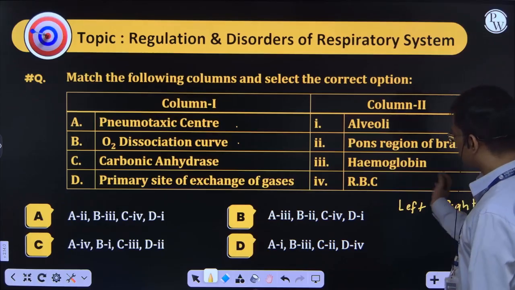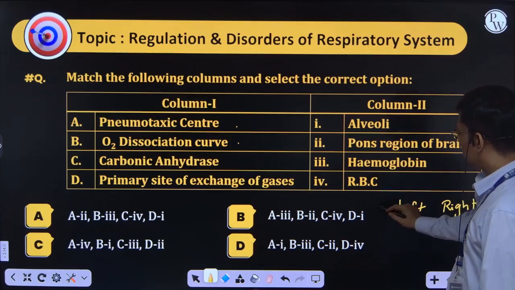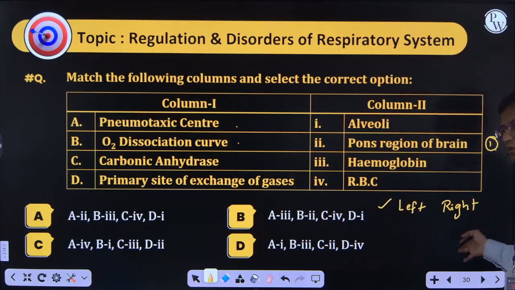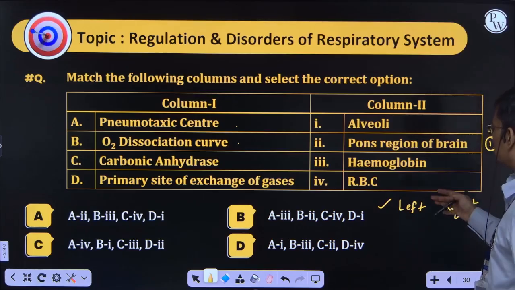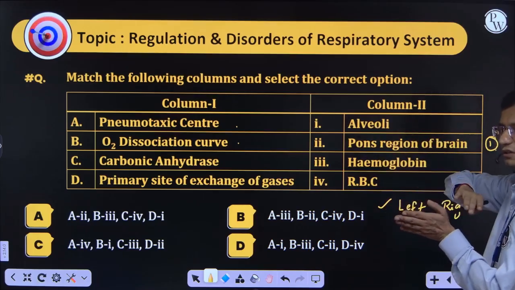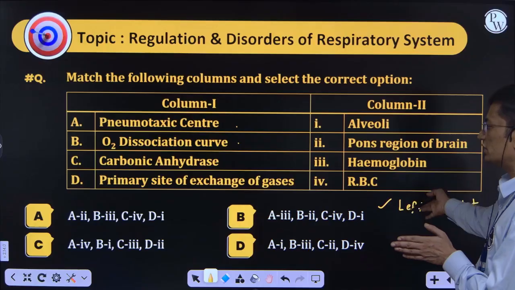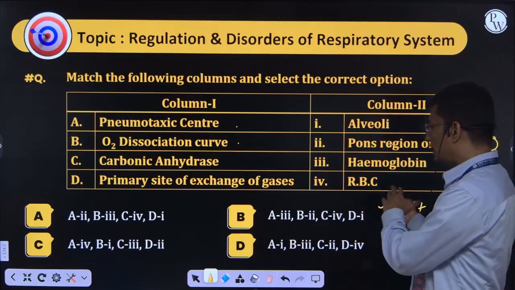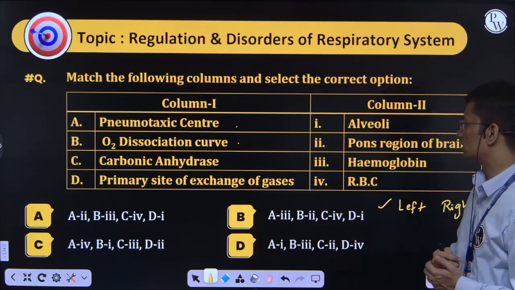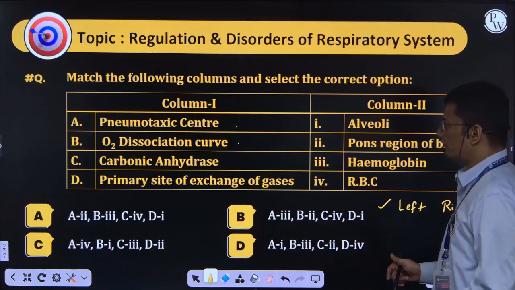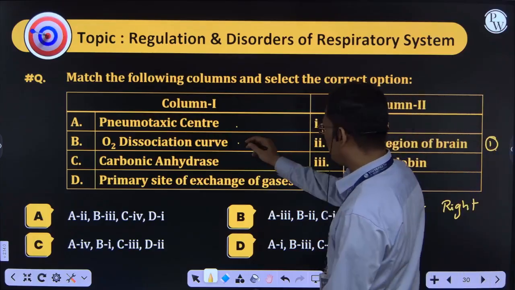If the affinity is more, the curve will shift towards the left. If the affinity is less, it will shift towards the right. So in tissues, the oxygen dissociation curve shifts towards the right. What does it indicate? Right shift indicates dissociation and left shift indicates association. So if it is more left, it indicates that there is more affinity between hemoglobin and oxygen.